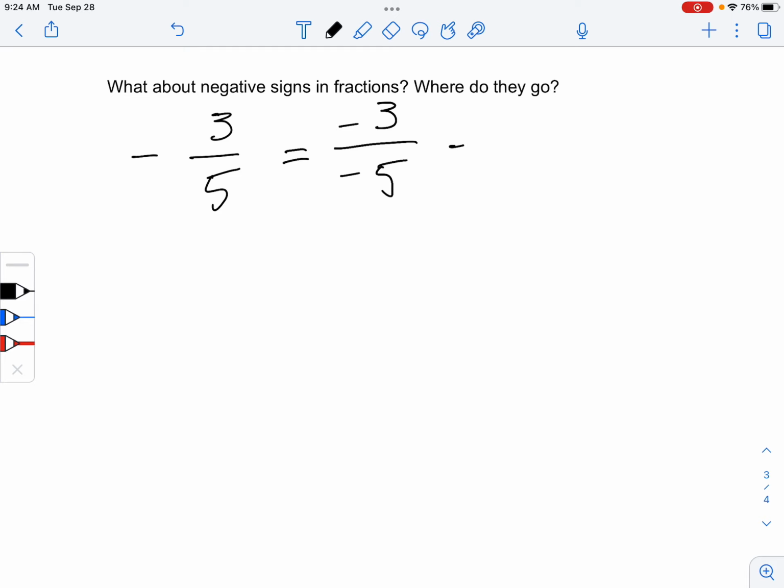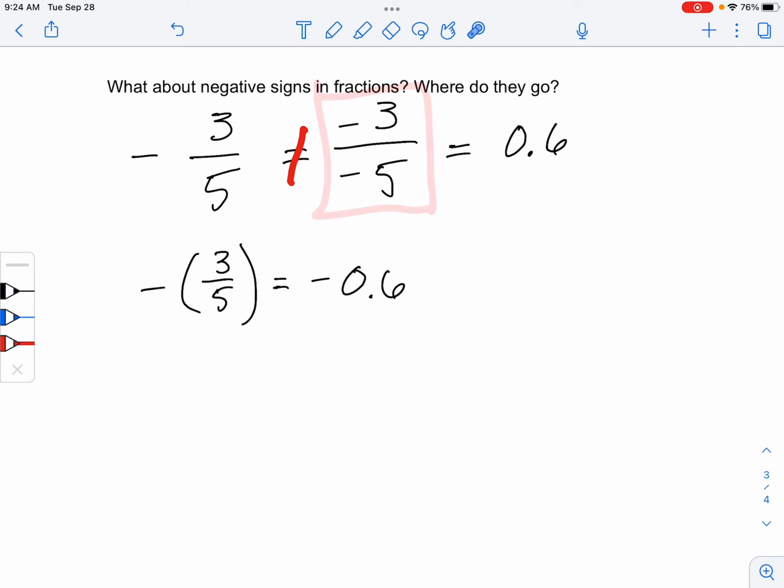Negative divided by negative is positive, and that's actually going to give us positive 0.6. But I don't want that, right? What this is saying is that I have -3/5, which would be -0.6. So it is not true that -3/5 is equal to -3 divided by -5.